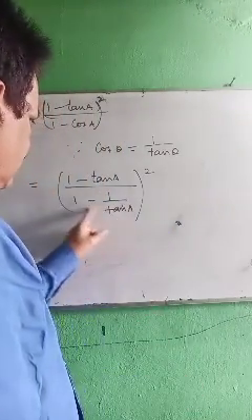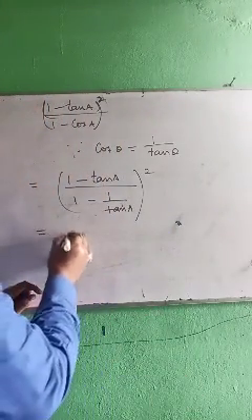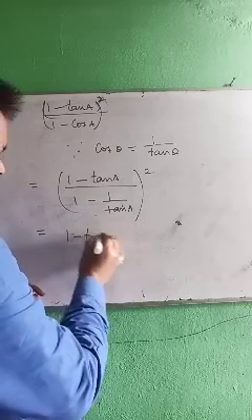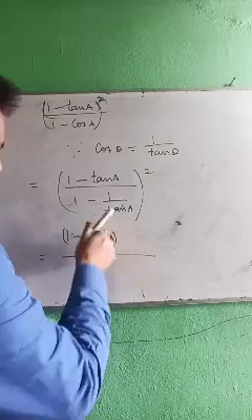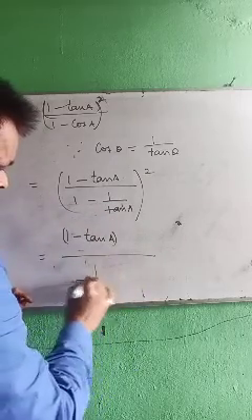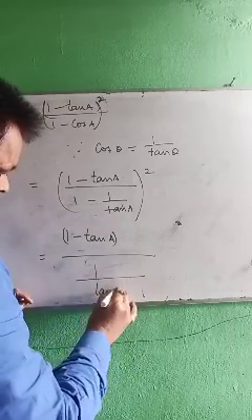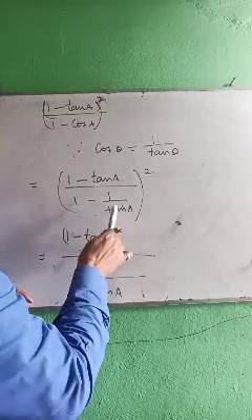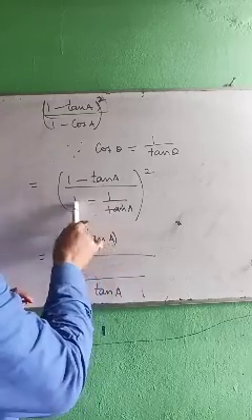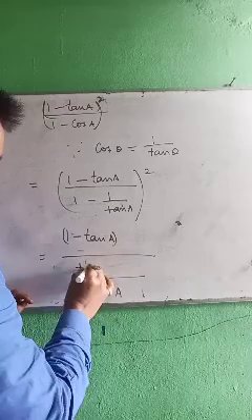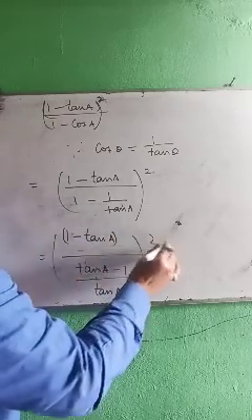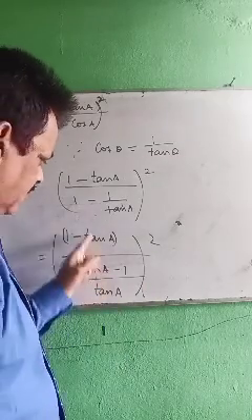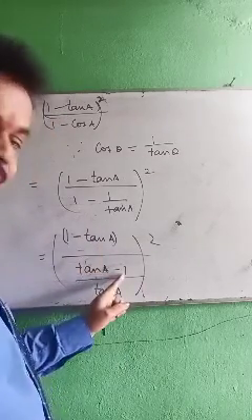Okay, so take LCM. Take tan A as LCM. This will be tan A minus 1 whole square.